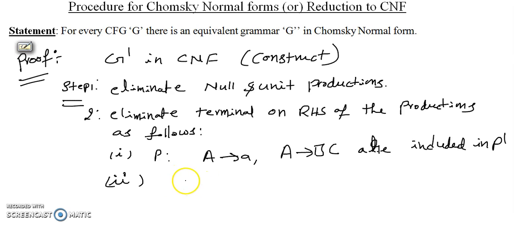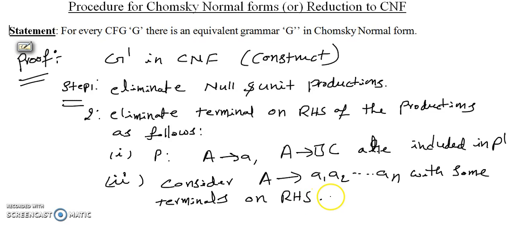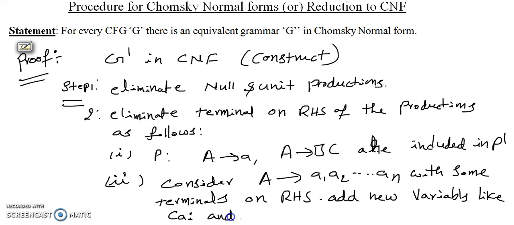Step 2, consider the production A tends to A1, A2 and so on An with some terminals on the RHS, and add new variables like C suffix ai, and C suffix ai tends to a suffix i.